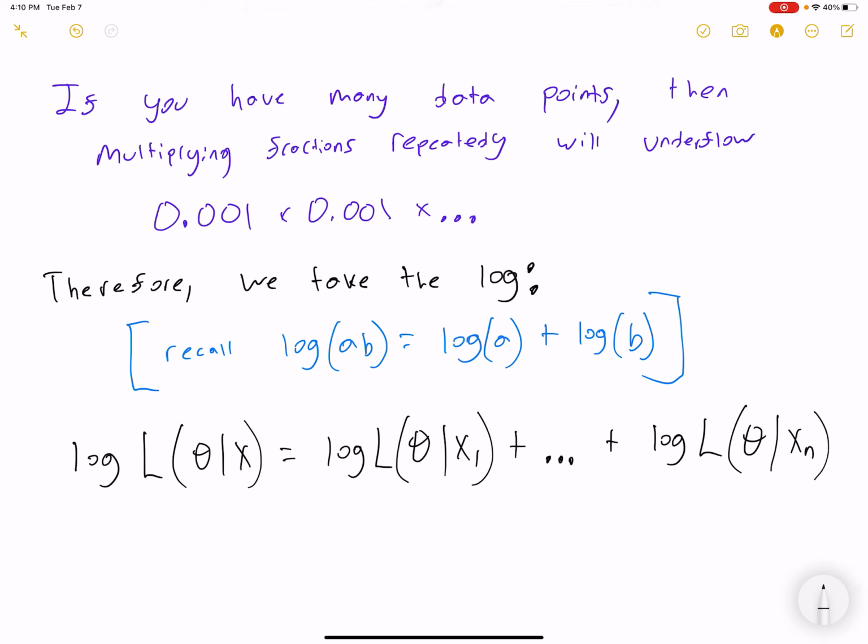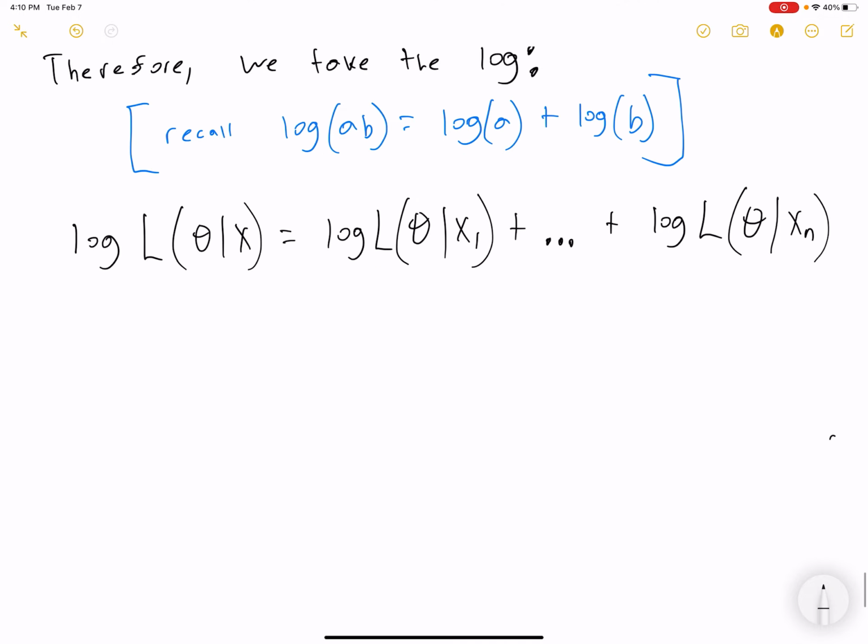And now that we're summing, we're much less likely to overflow or underflow.